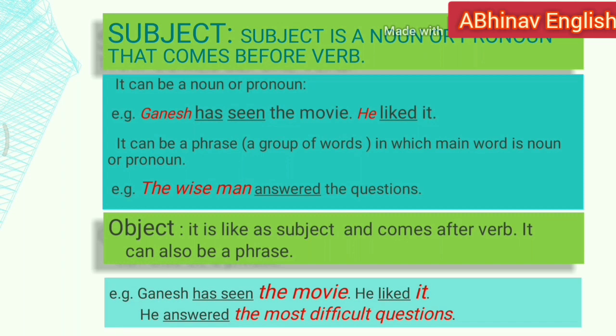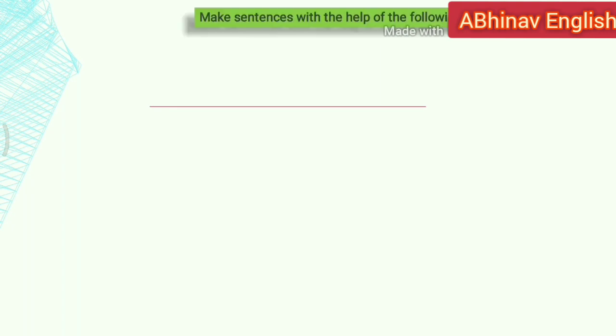He answered the most difficult questions: in this sentence, the most difficult questions is a phrase as an object. So in short we can say subject or object can be a single word or a group of words.